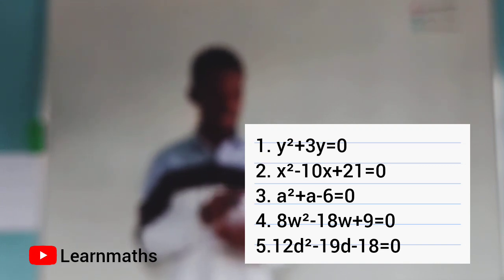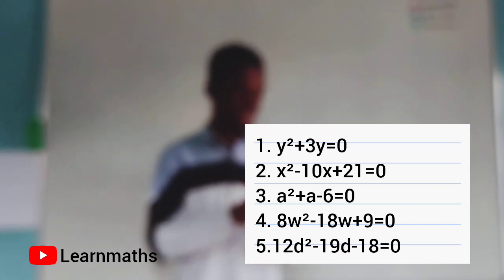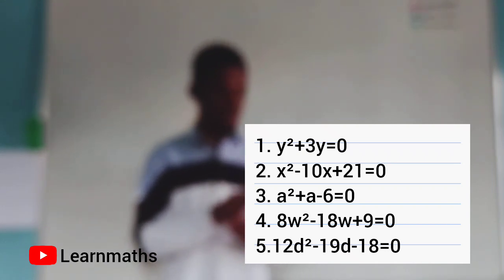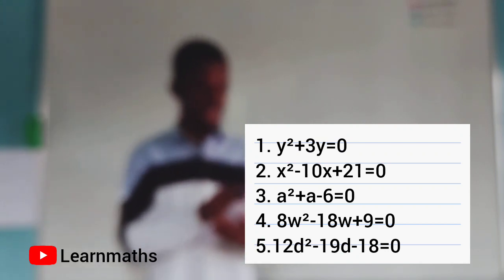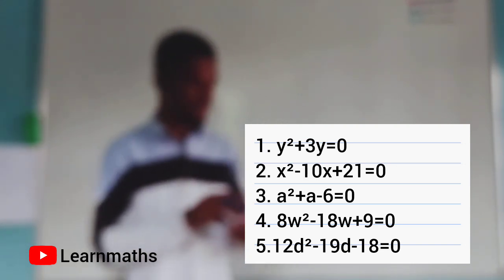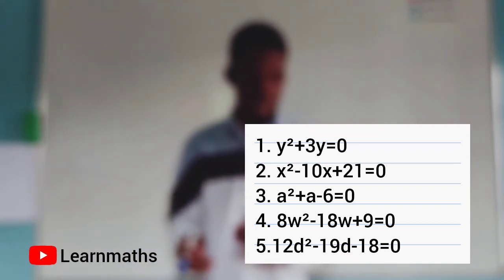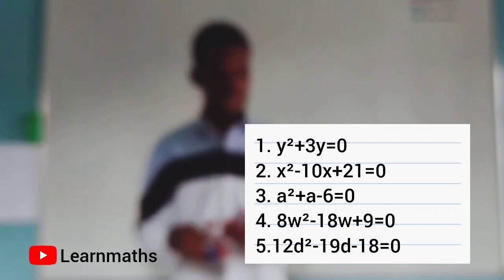The third is a squared plus a minus 6 equal to 0. The fourth is 8w squared minus 18w plus 9 equal to 0. And finally, the fifth is 12d squared minus 19d minus 18 equal to 0.